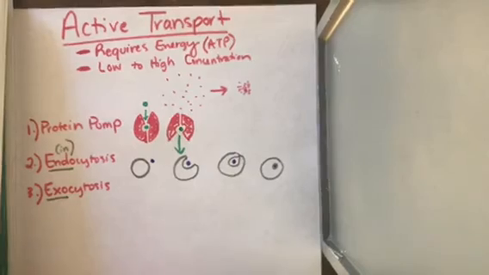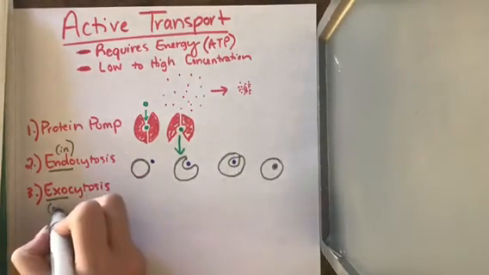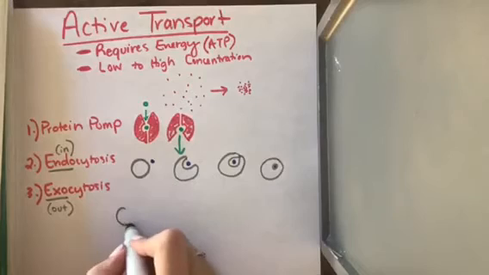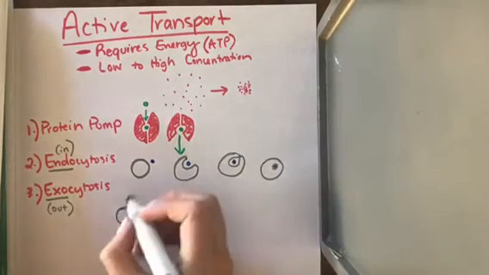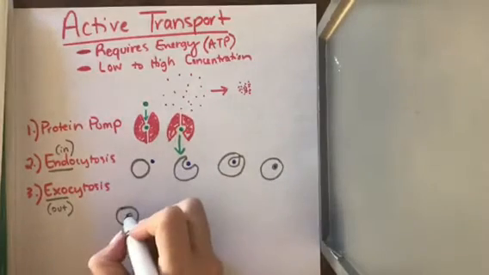Exocytosis, all right, we're on number 3. This is when something is going out of the cell. So, for example, let me switch up my colors here. Here we have another cell. And don't forget there's a cell membrane around this vesicle.